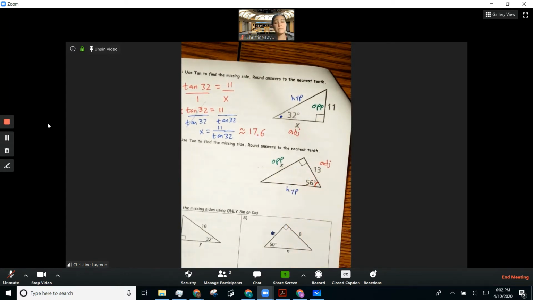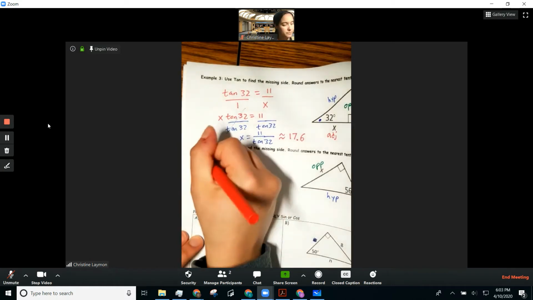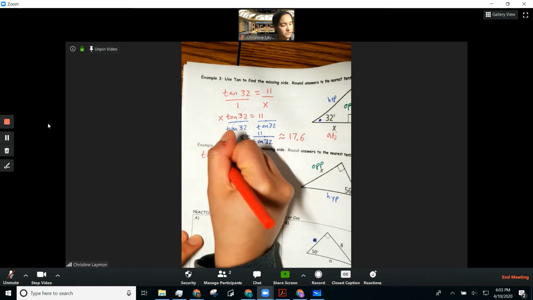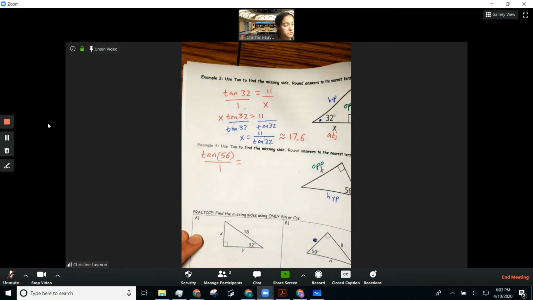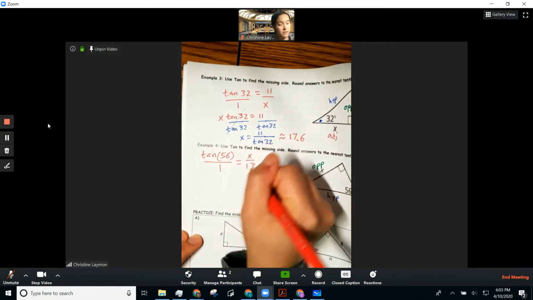Well, that is my TOA, meaning I have to use tangent. So I come back through here and I reset this up. My tangent of 56 over 1 equals opposite over adjacent, x over 13.